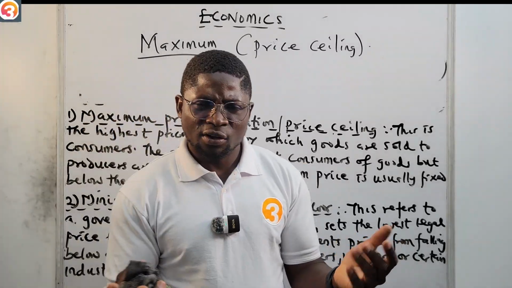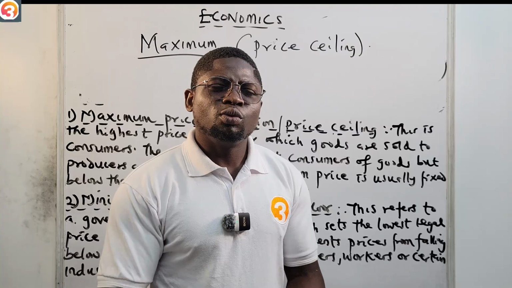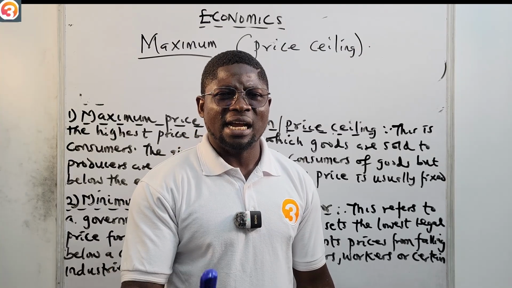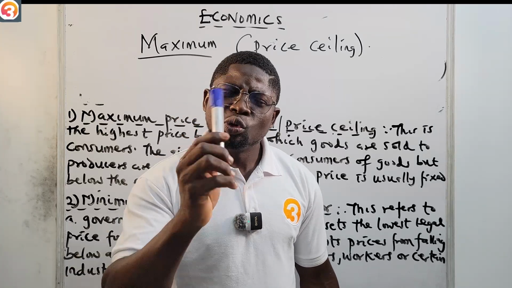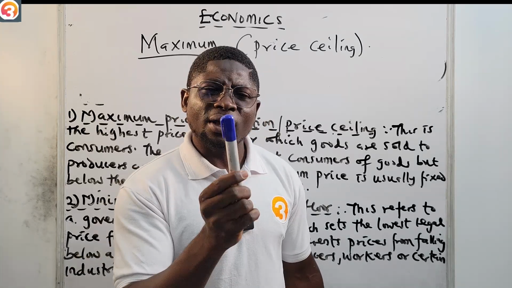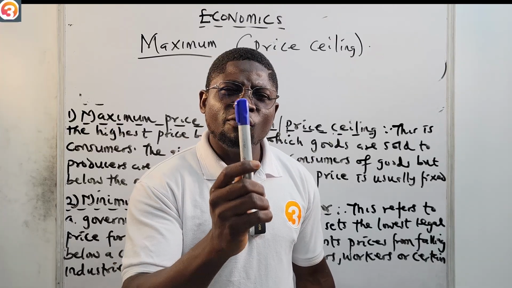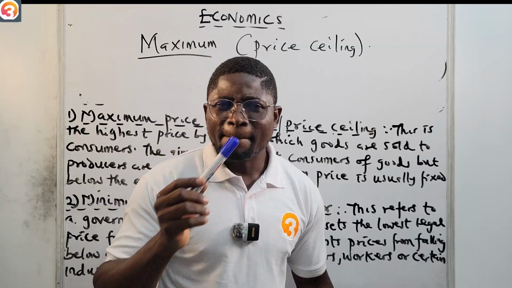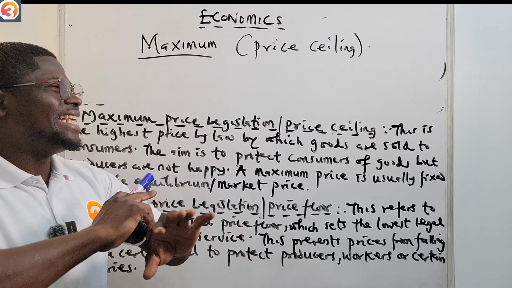Government intervenes and says, let's say this marker, do not sell it for 2,000 naira, something that used to be 100 naira. Do not sell it above 1,000 naira. So that is price legislation. Government has waded in.